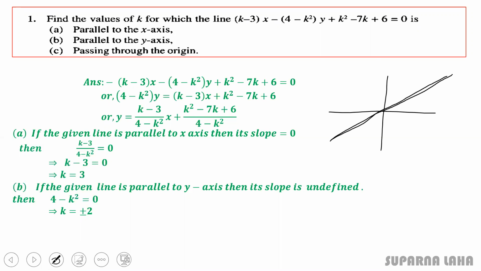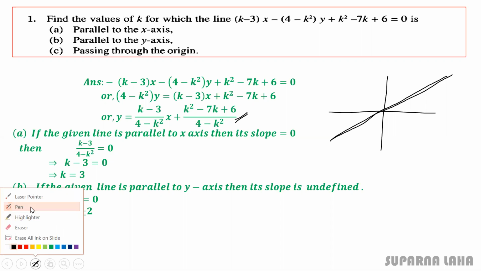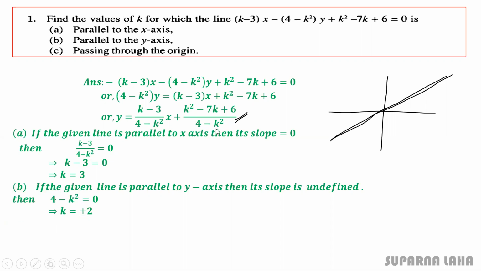That means the y-intercept should be equal to 0. That means (k square minus 7k plus 6) by (4 minus k square) should be equal to 0. So solve this one and find the value of k. This is your homework. Condition number C, passing through the origin, is your homework.